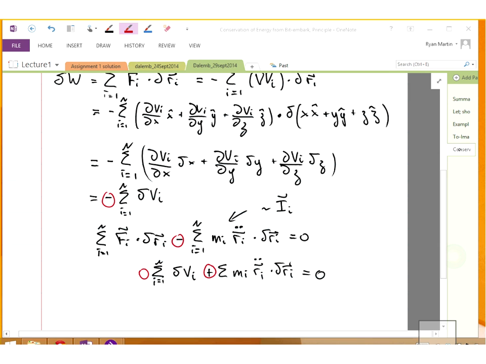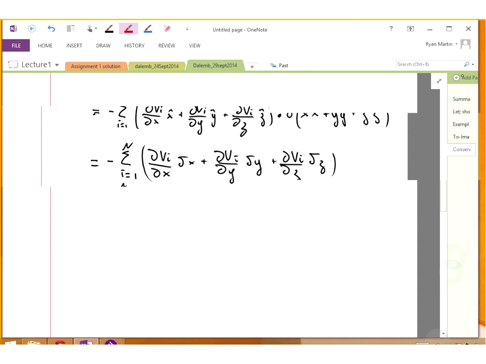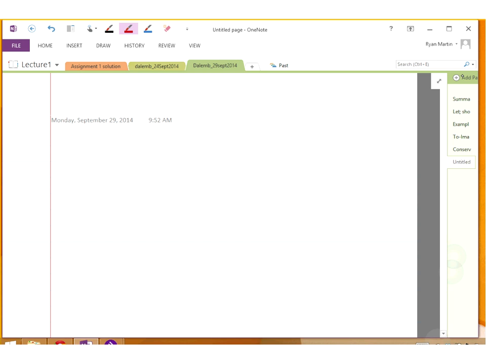All right. So now let's consider a special case. Remember, delta r's are arbitrary variations in the vector r.